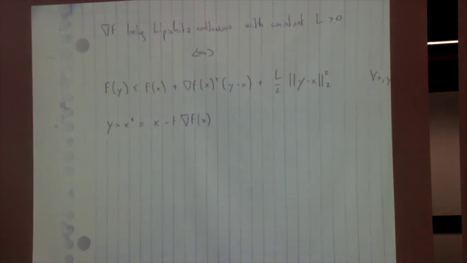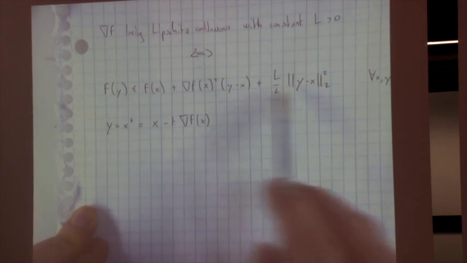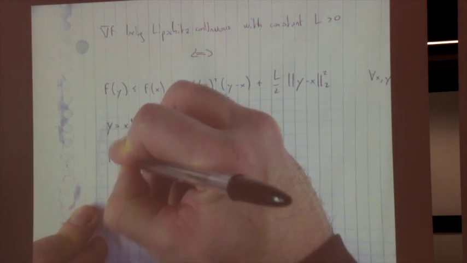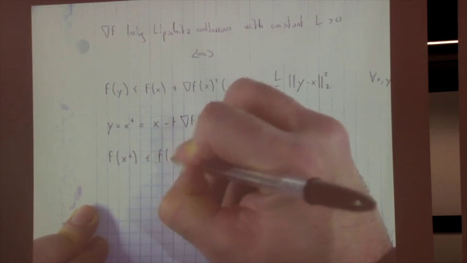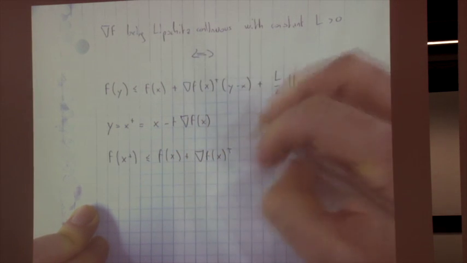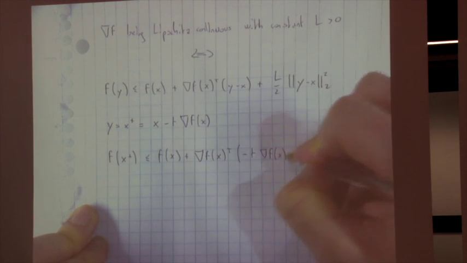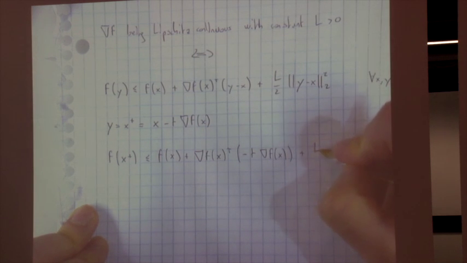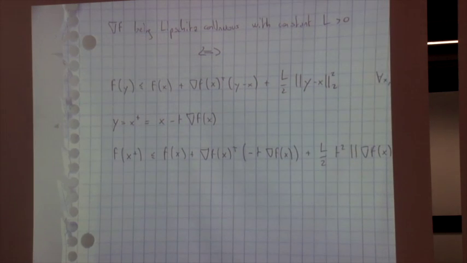So I'm going to plug this particular y into this inequality, and that gives me that f of x plus is less than or equal to f of x plus the gradient of f at x transpose times minus t times the gradient of f at x, plus L divided by 2 times t squared times the square norm of the gradient of f at x.